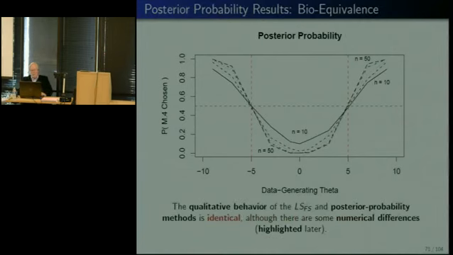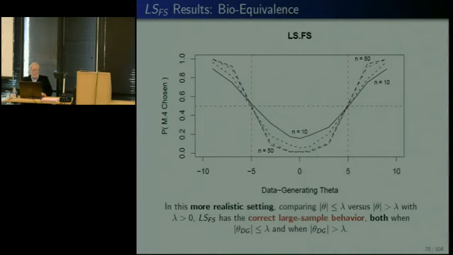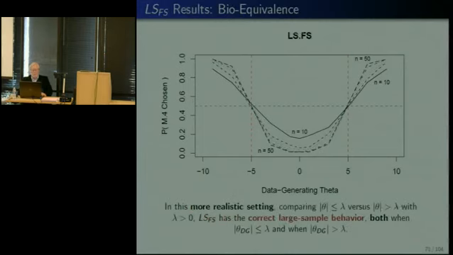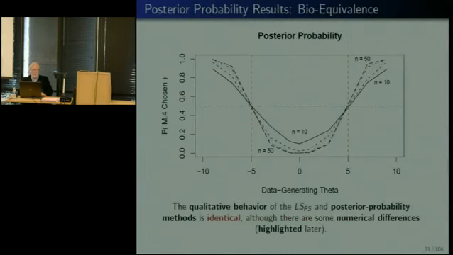Full sample log score, posterior model probabilities. In fact, if you notice, posterior model probabilities do a little better than full sample log score did. See how the n equals 10 line is higher in the middle for log scores than it is for posterior model probabilities. So the qualitative behavior is identical. There are some numerical differences, and actually posterior model probabilities do a little better. So log scores are not identical to posterior model probabilities here, but they become identical as n goes to infinity.